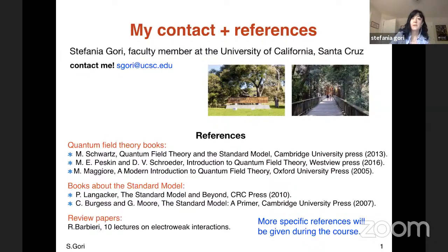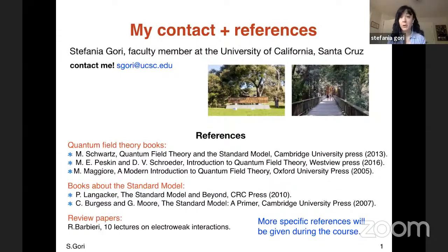As Giovanni was mentioning, this course is going to be about the standard model of particle physics. Here I have collected a couple of references that could be useful for our study of the standard model. The standard model is very much based on quantum field theory, and here I report three beautiful books about quantum field theory, by Schwartz, Peskin and Schroeder, and Maggiore.